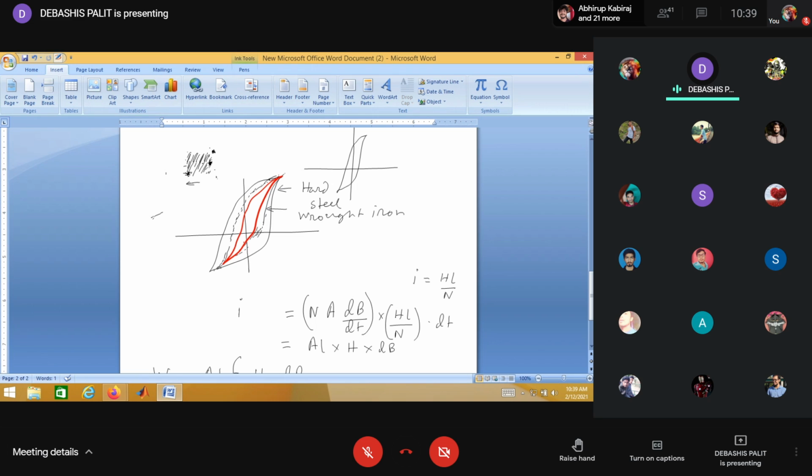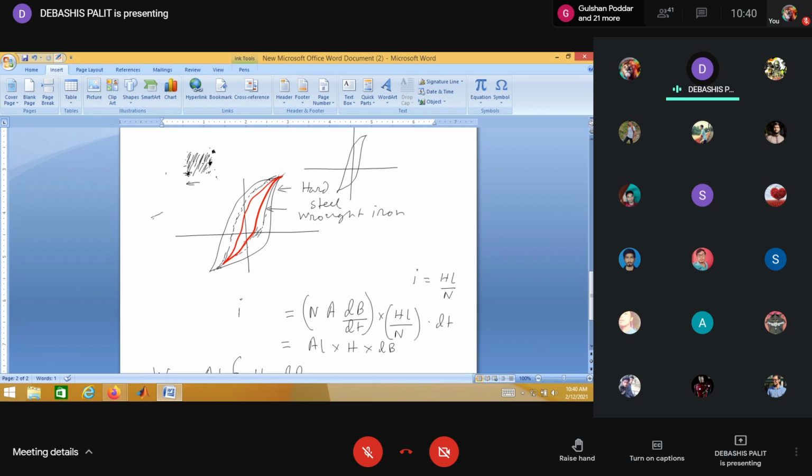So 50 cycles of hysteresis loops are generated. Whenever the number of cycles or the frequency is increased, the hysteresis loss is also increased.